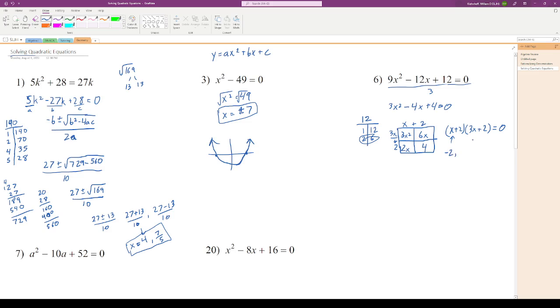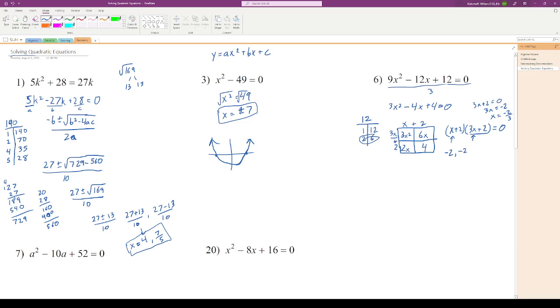The other one is whatever I can plug in for x here to make this term equal to 0. So 3x plus 2, if I want that to be 0, and I want to solve for what x goes in there, I would subtract 2 from both sides and get 3x equals -2, and divide by 3 to get x equals -2/3.